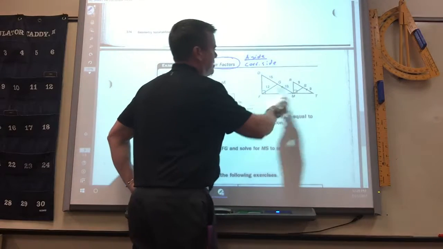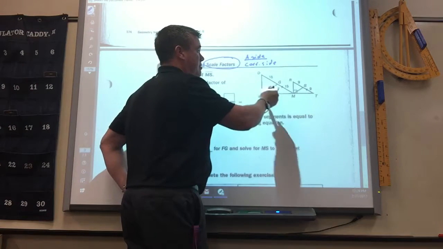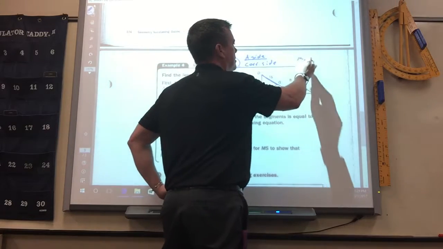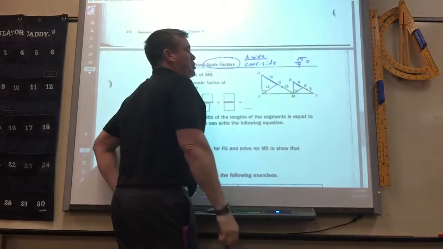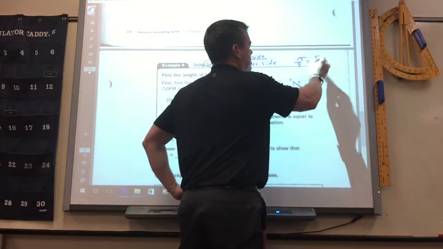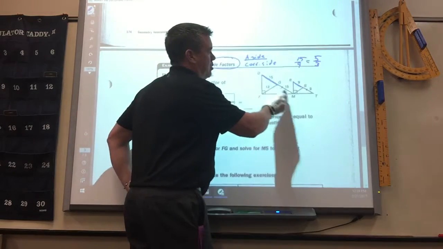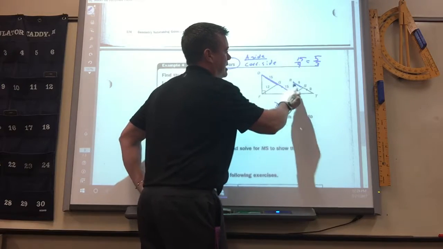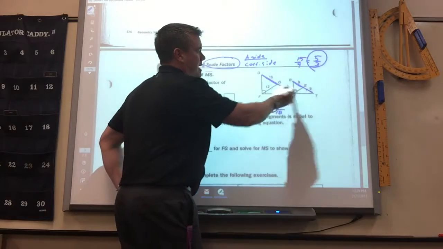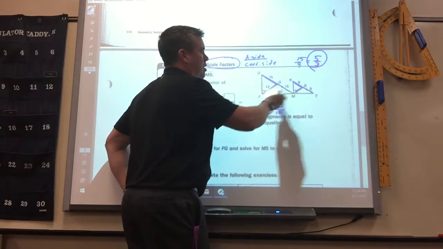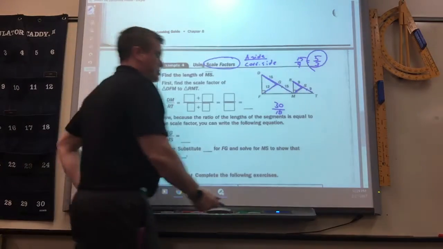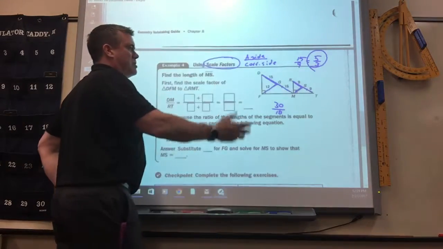If these two are similar, to find a scale factor, I could use 15 to 9, which reduces to 5/3. Or I could use the whole thing, 30 to 18, still reduces to 5/3. Or if I did know what this one was, I could go 12 over whatever that is. So the scale factor is just a side over a side.